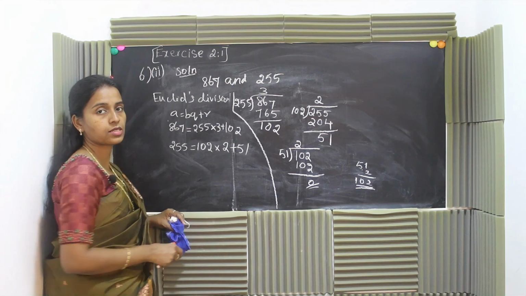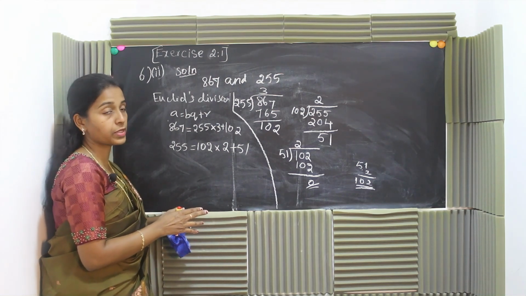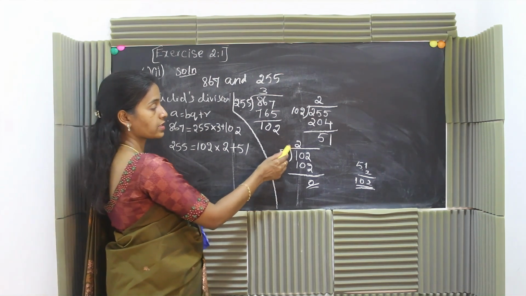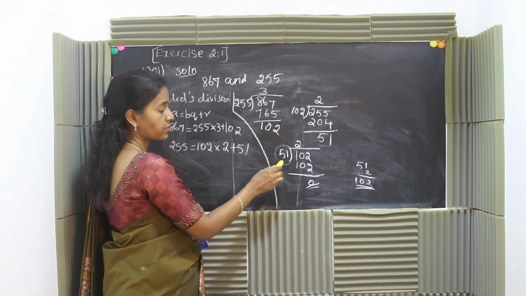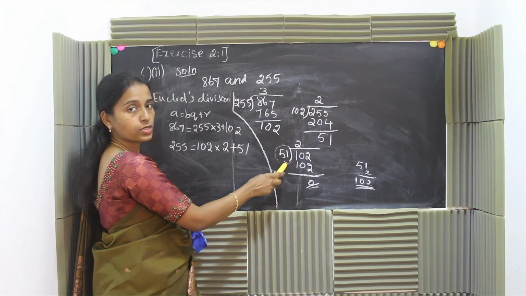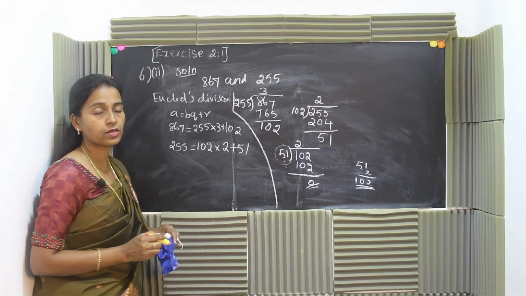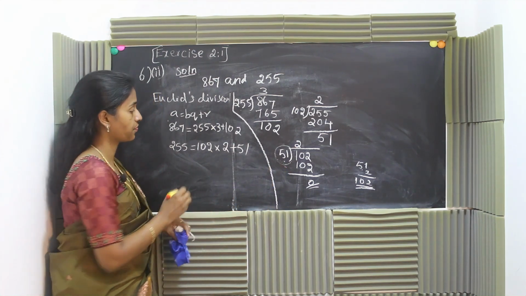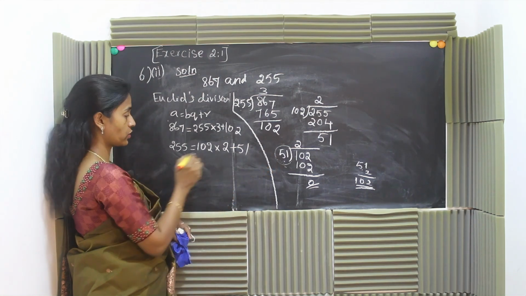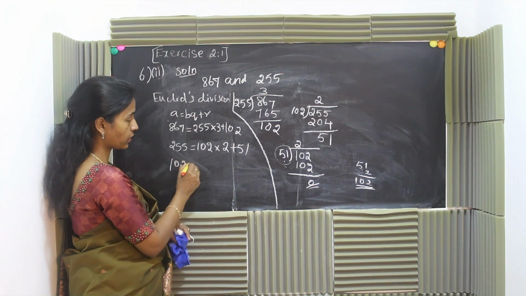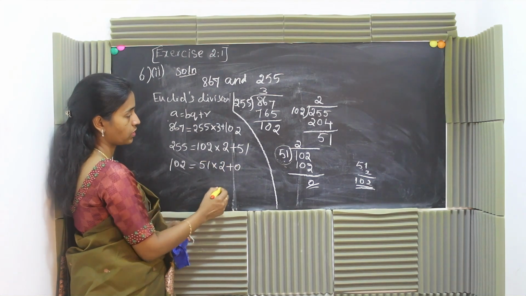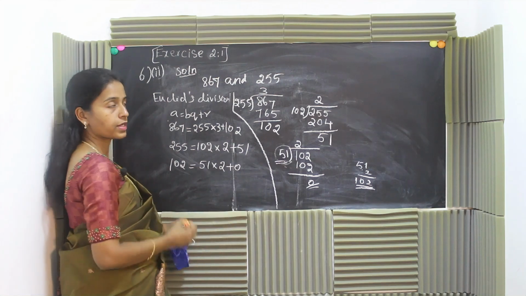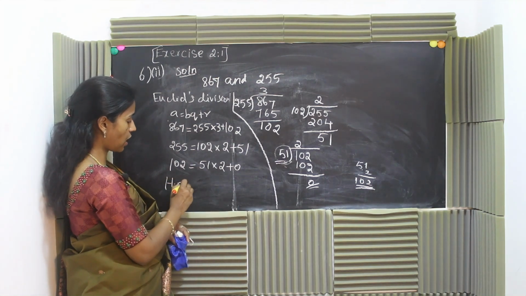Now, we reach the remainder 0. So, in this case, the number we have as divisor is 51. So the answer is 51, right? Answer means HCF. Before that, we should apply the values. 102 equals 51 into 2 plus 0.